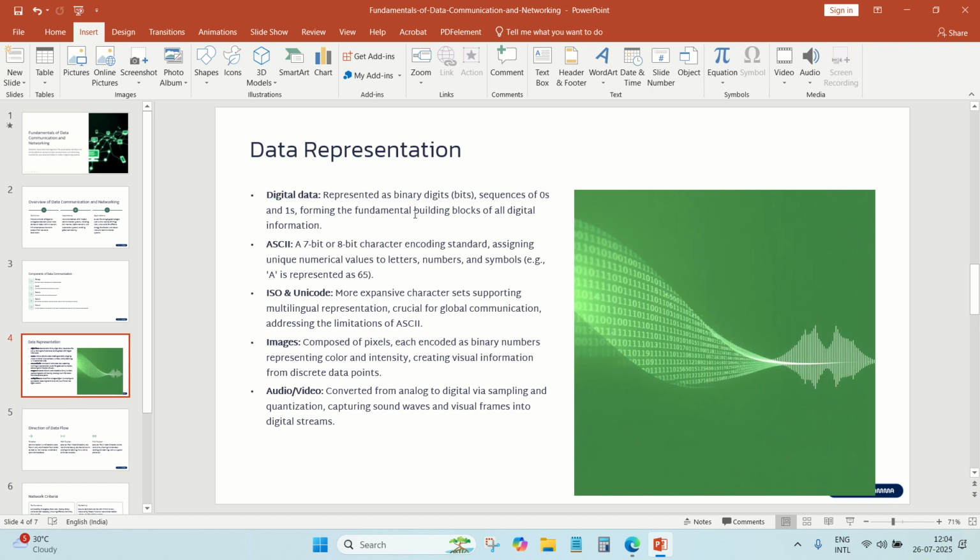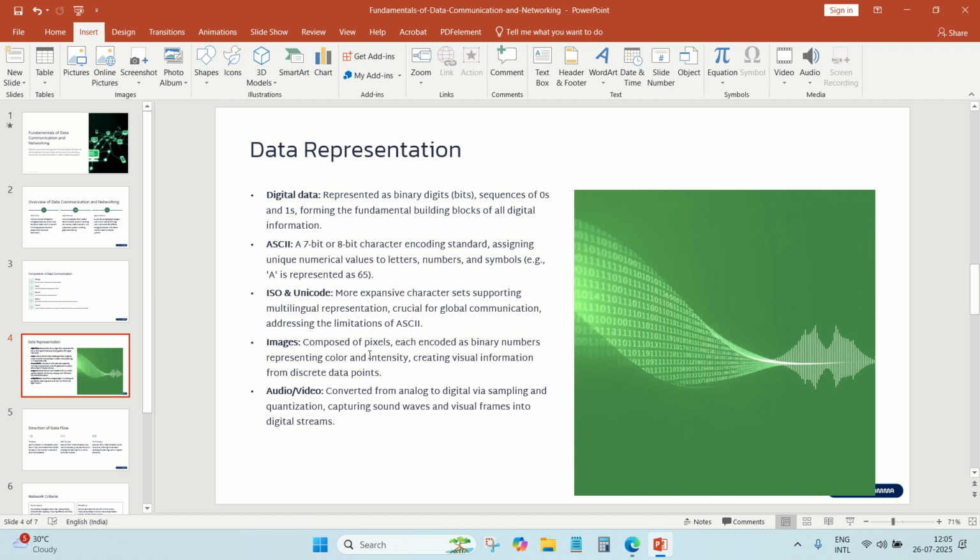ASCII is a 7 or 8-bit character encoding standard assigning unique numerical values to letters, numbers and symbols. A is represented as 65. This ASCII is the American Standard Code for Information Interchange.